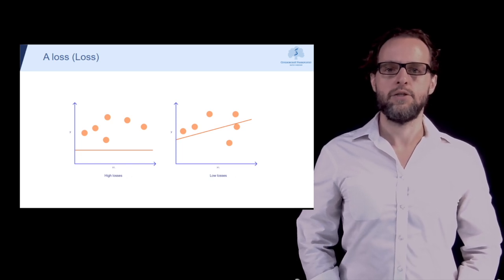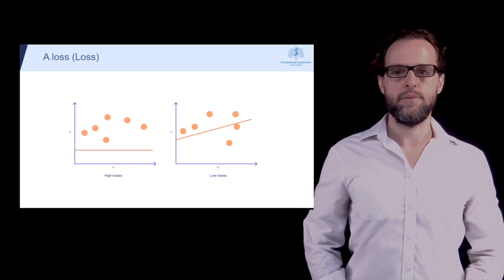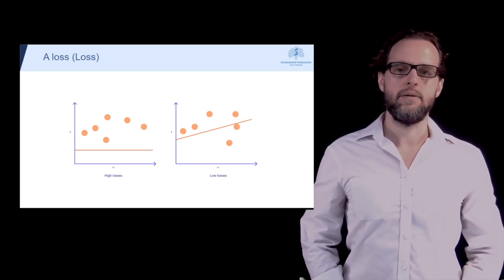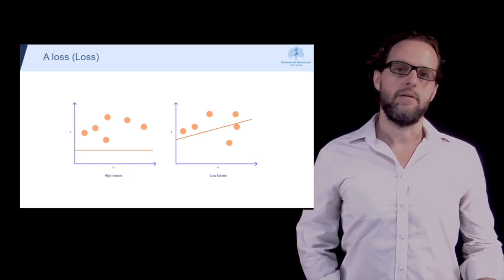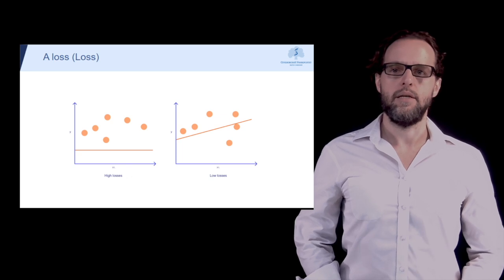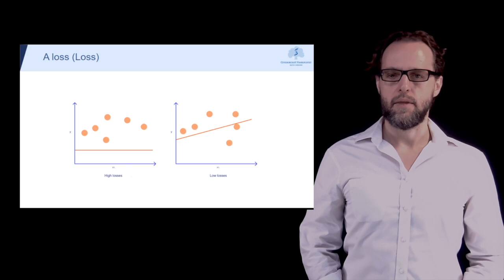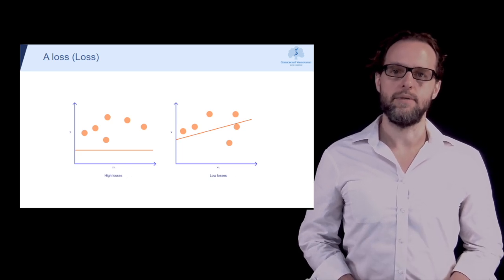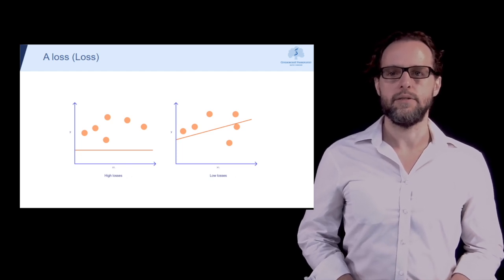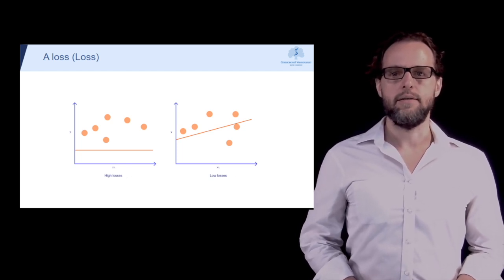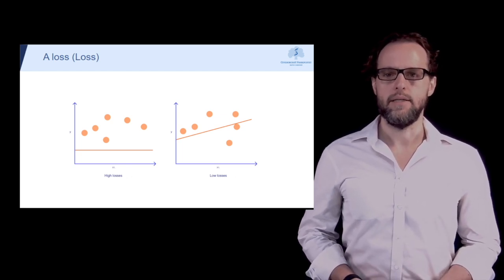This should be a function that will calculate how well our model is performing by comparing the model's predictions with the actual value, its output with our labels.